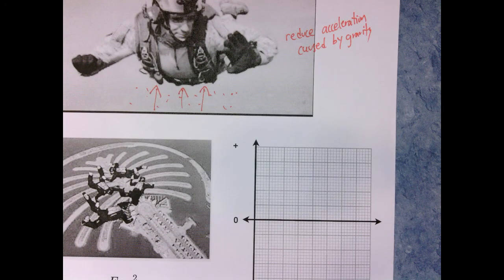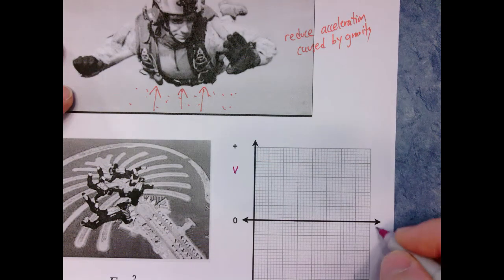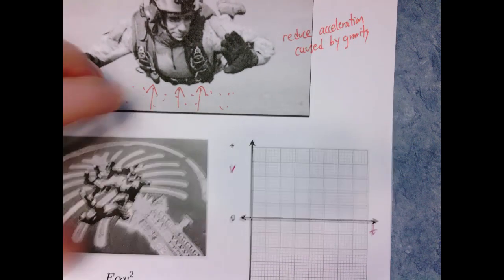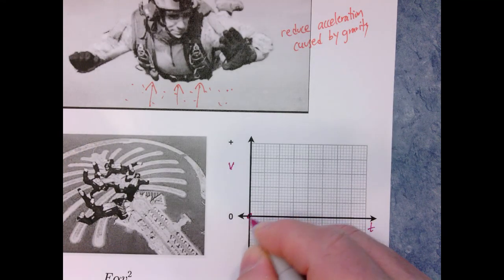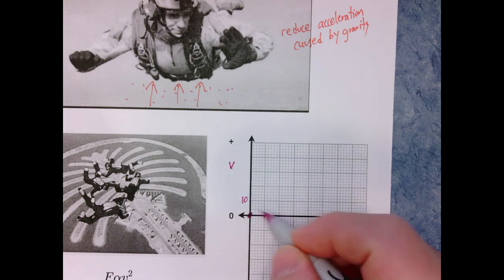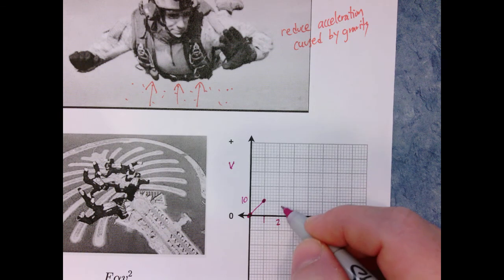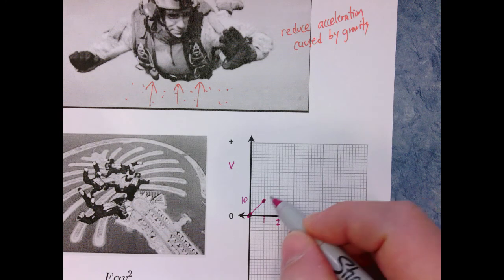So let us take a look at a graph. A velocity time graph of an object undergoing free fall. So we know it undergoes free fall, its initial velocity is 0. And then we say in the first second, its speed will increase by 10 meters per second. And in the second, it wants to increase by another 10 meters per second, but there'll be a little bit of air resistance.